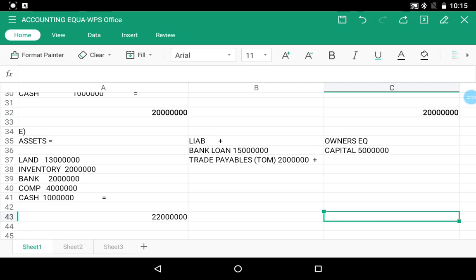Then on the other side, we get our total liabilities plus owners equity, where we have our bank loan of 15 million plus trade payables 2 million. We add total owners equity, where we have capital, which is 5 million. That means 15 plus 2 million, that is 17, plus 5 million, it is 22 million.